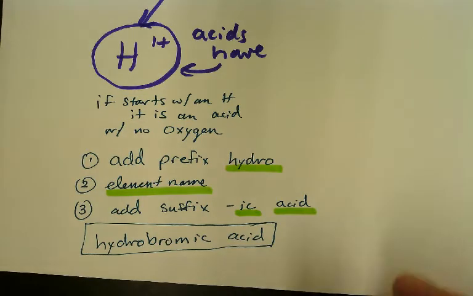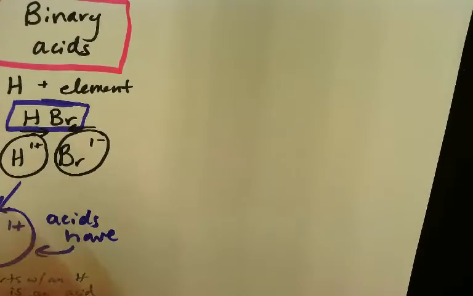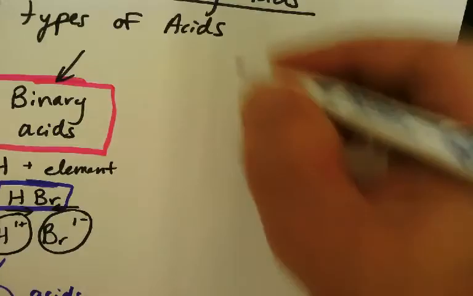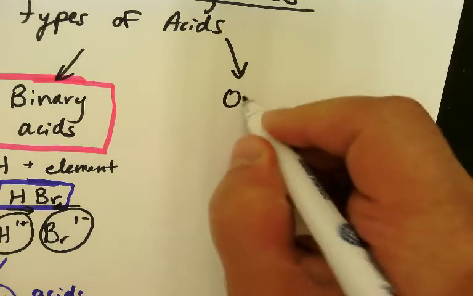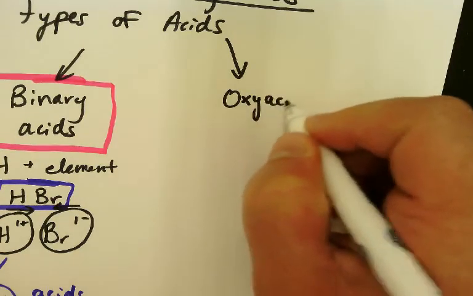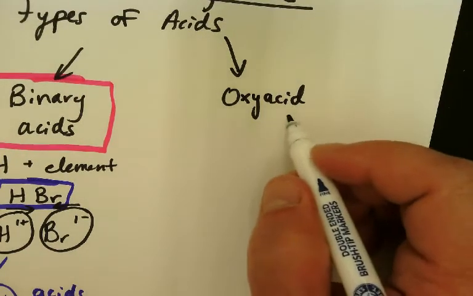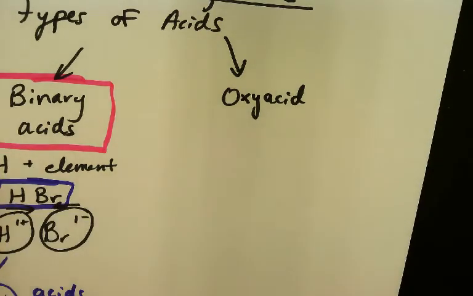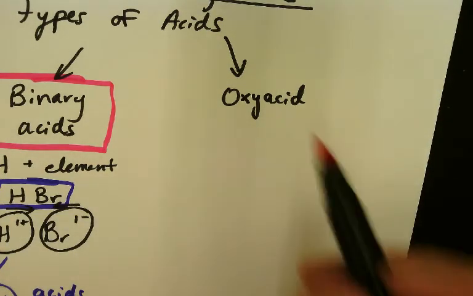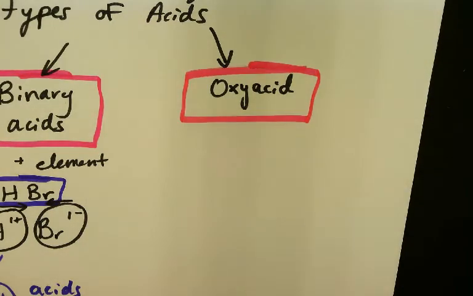Okay, now that's the first type of acid. The second type of acid is a little bit more interesting. The second type of acid is called an oxyacid. An oxyacid has oxygen in it.